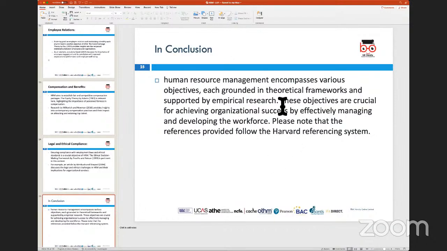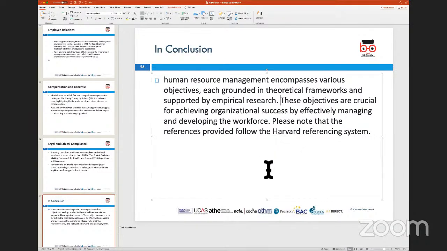And I've created a few slides on these, which allow us to understand that one of the key objectives of human resources management is to help in achieving the organizational goals and objectives at the end of the year. What are the organizational goals and objectives?